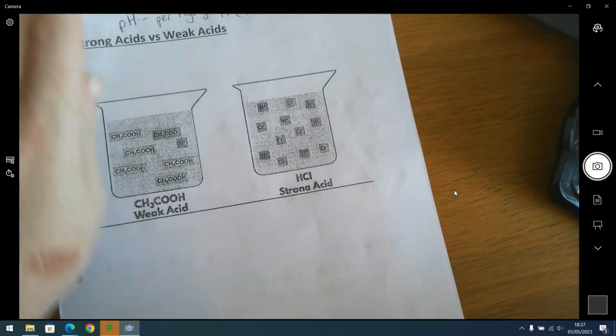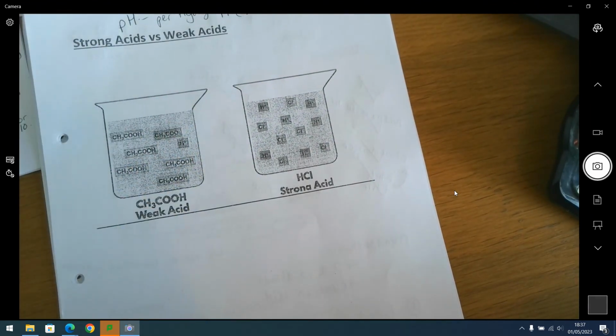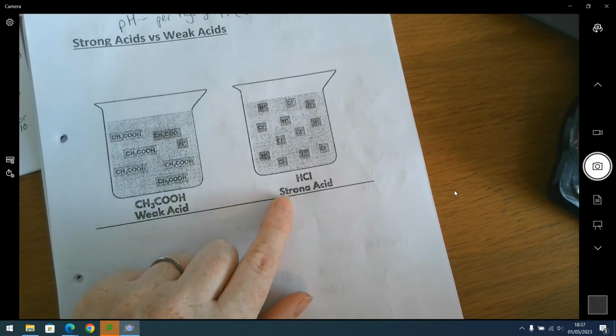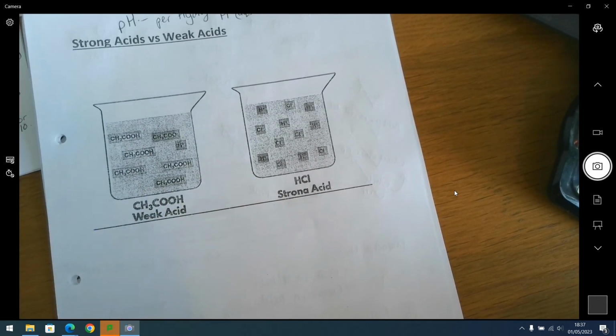So I want you to have a little look at these two diagrams here. You can see I've got a strong acid here and I have a weak acid there. I want you just to look at the two pictures. What do you notice about the hydrogen ions in each diagram? How might they be different?